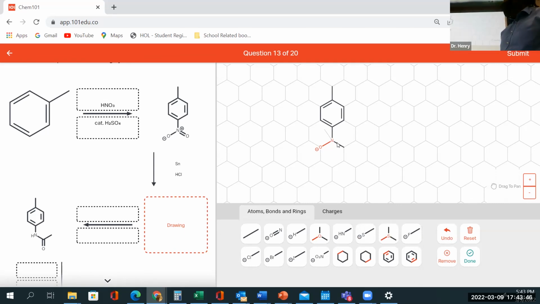Okay, so what's going to be our intermediate? I mean, what are we going to get after the tin chloride is added?